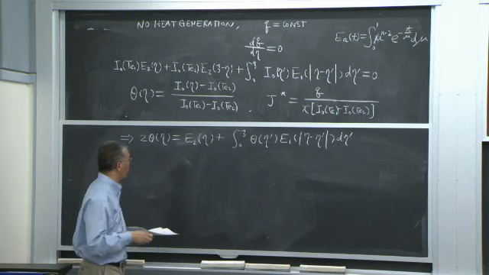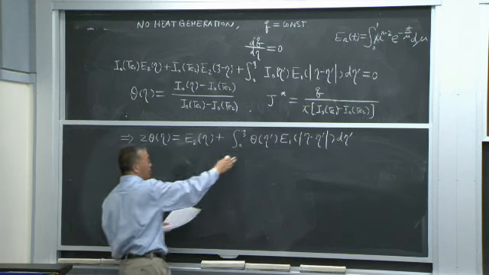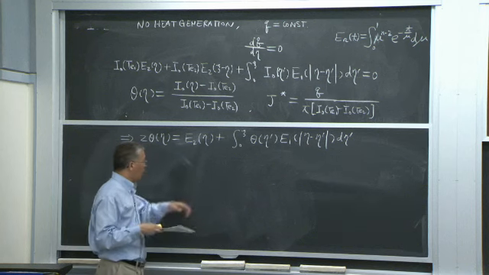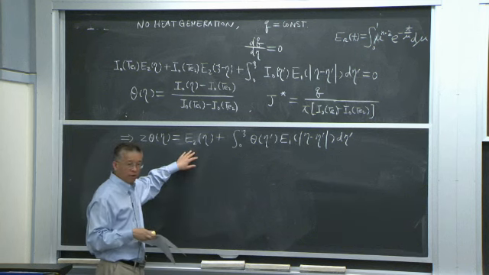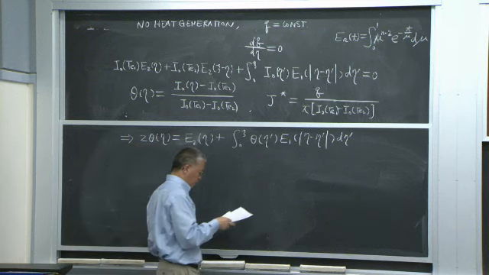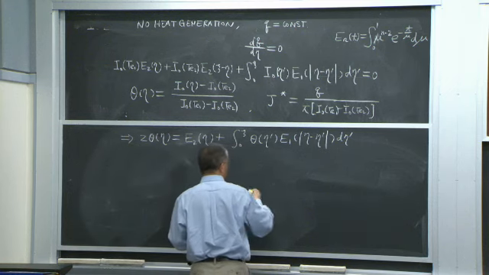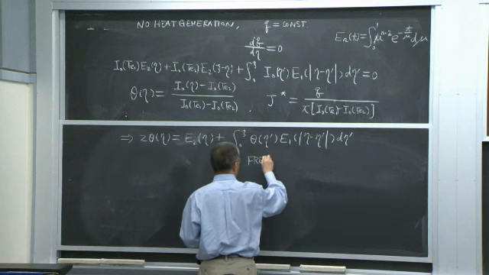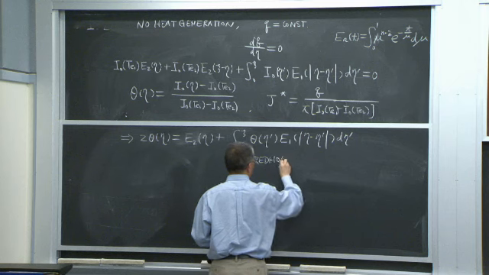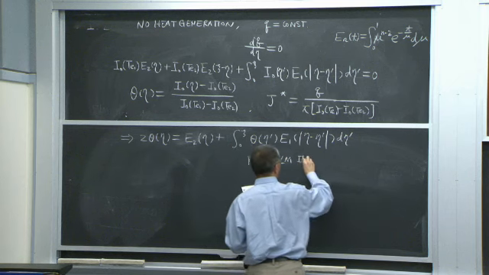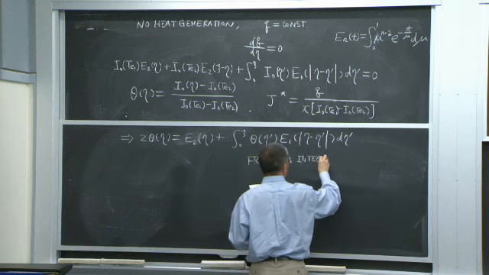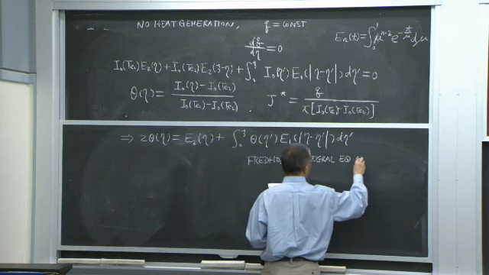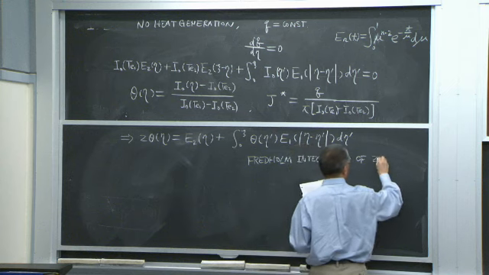A linear form, right? Theta is inside the integrand, and there is also a kernel function, non-zero kernel function, and this is called the Fredholm integral equation of the second kind.